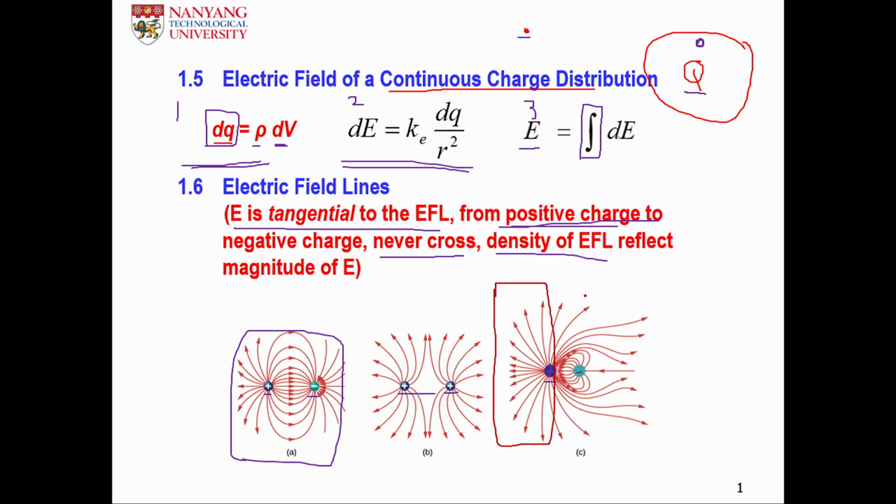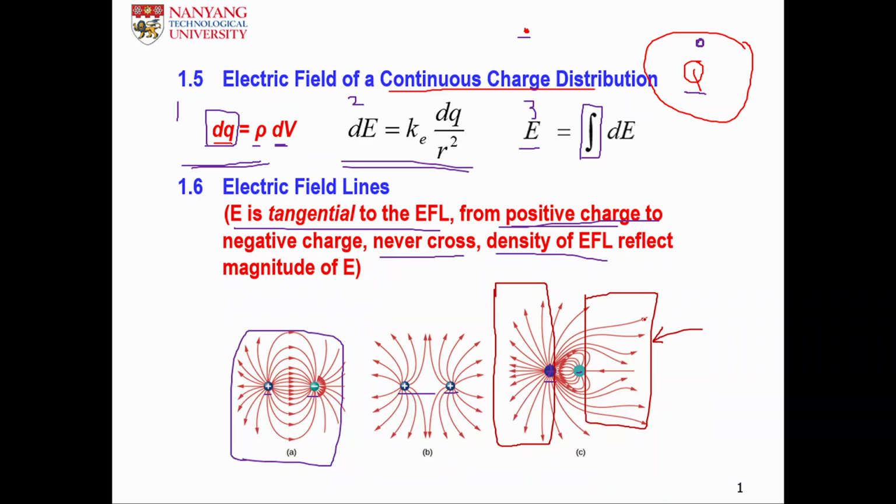But if you look at this area, you can see all those electrical field lines look more like the electrical field lines of a positive charge instead of a negative charge, right? They are still leaving the charge instead of going into it.